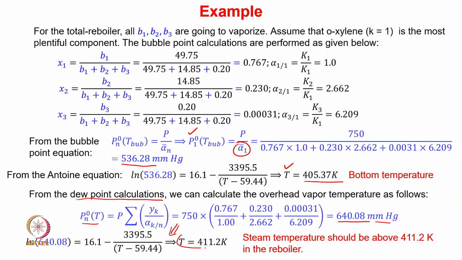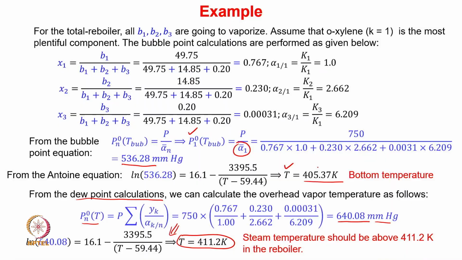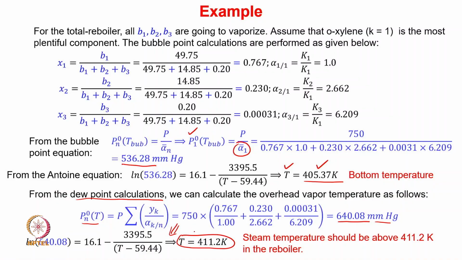So now what can we conclude here? We can conclude that the bubble point temperature of the condenser is greater than the cooling water temperature. The dew point temperature of the condenser is greater than the bubble point temperature. Then the bubble point temperature of the reboiler is greater than the dew point temperature of the condenser. Again, the dew point temperature of the reboiler is greater than the bubble point temperature of the reboiler.